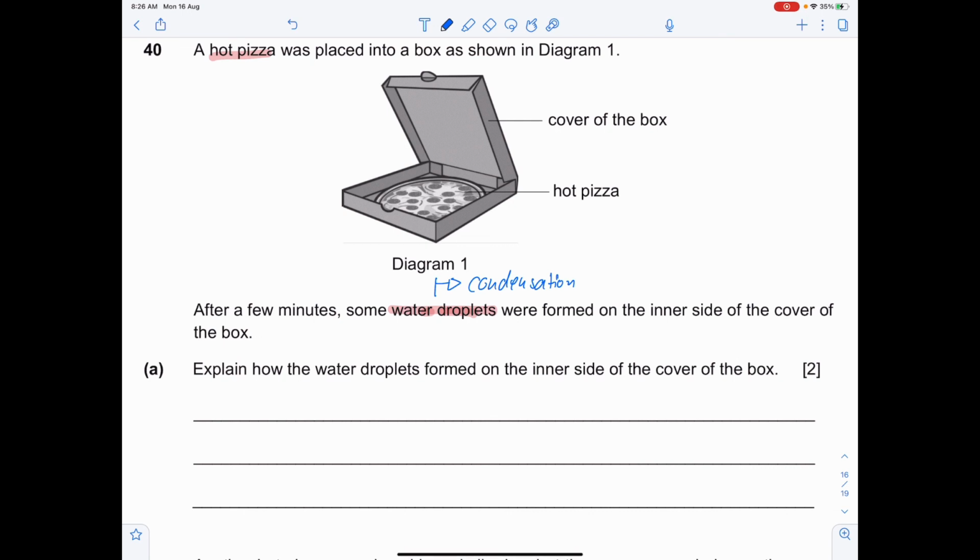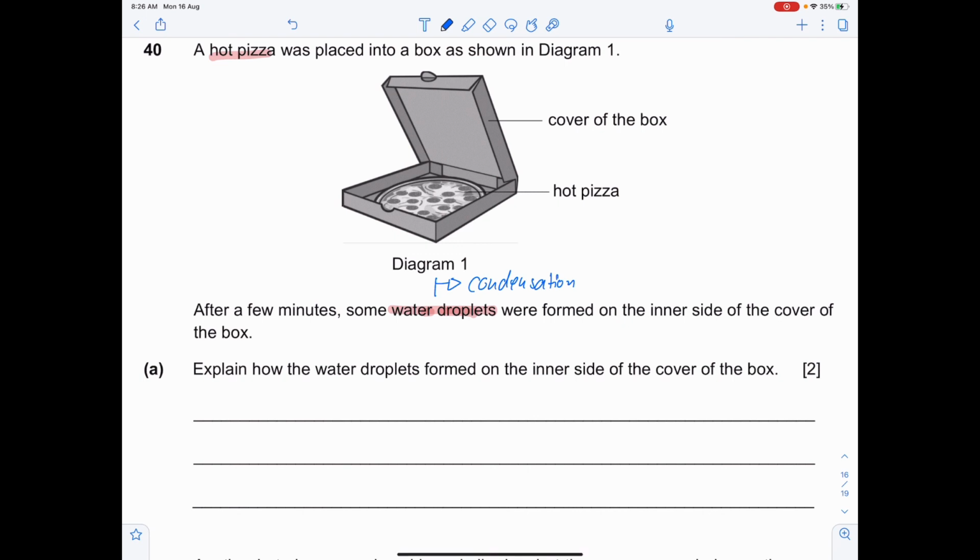The first thing is the pizza itself. When you make a pizza, obviously there is water in the dough, and there is water in some of your ingredients. So you think about it, you go and cook the pizza already, the pizza's temperature is going to be very high.